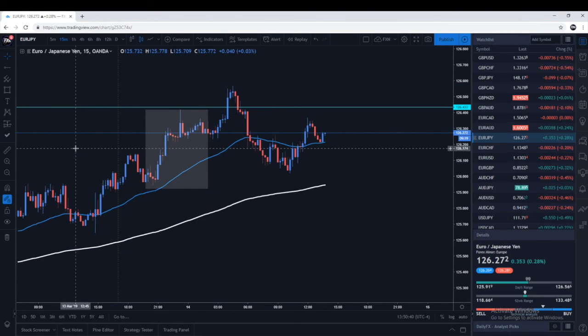That's it. Nothing else. In the most simplistic form, that's all that you're doing, trying to trade off the high and off the low of the day.